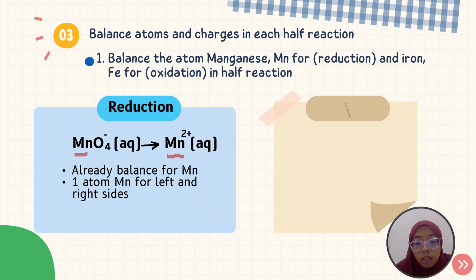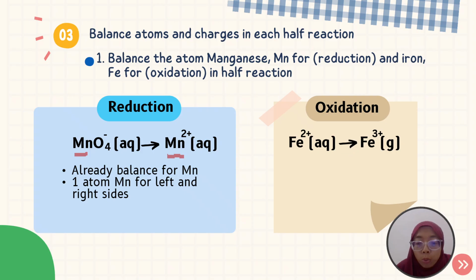For the oxidation part, okay, from Fe2 plus ferrous ion to Fe3 plus ferric ion. So look at the atom of iron. Okay, so there is one atom on the left side and also one atom on the right side.